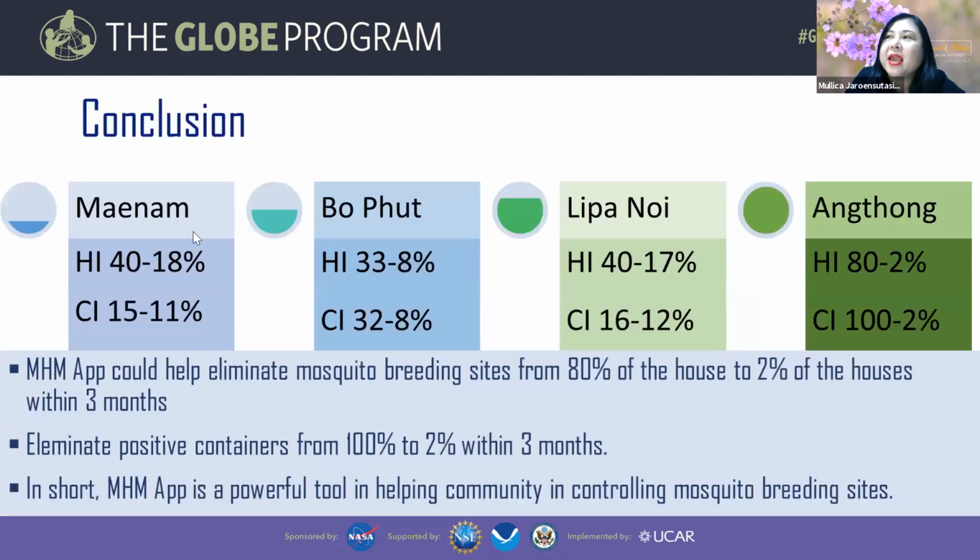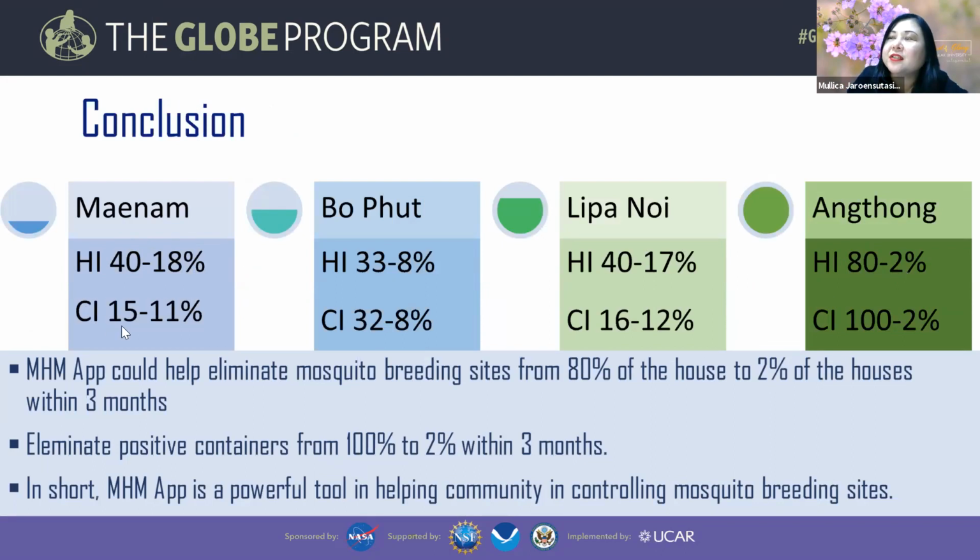We were so amazed. First, we found there is some variation in human behavior, but in all 4 sub-districts the mosquito larvae changed from 40% to 16%, and the maximum is from 80% down to 2% of the houses that found mosquito larvae.